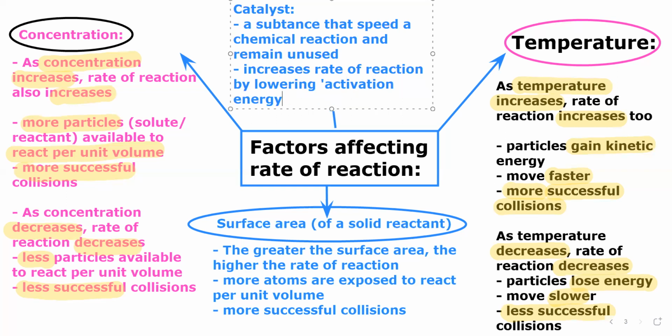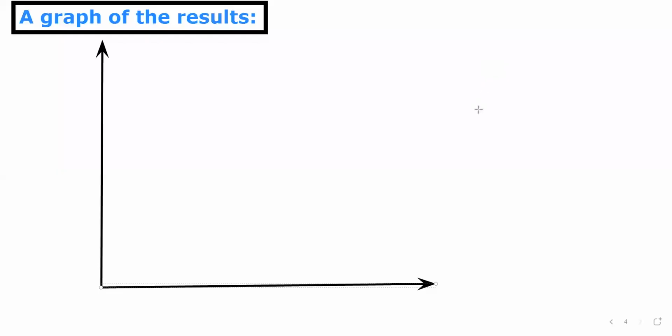So these are all the keywords that we will require to explain all these terms that we have discussed: concentration, temperature, surface area, and catalyst too. Here, we will talk about how we can plot the results on a graph, because in the exam we will be required to do so.